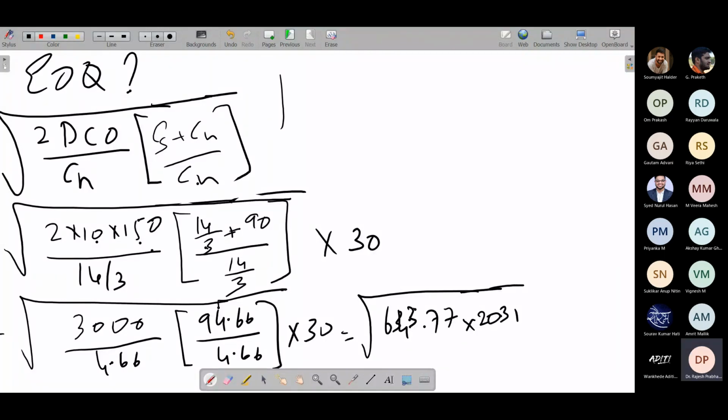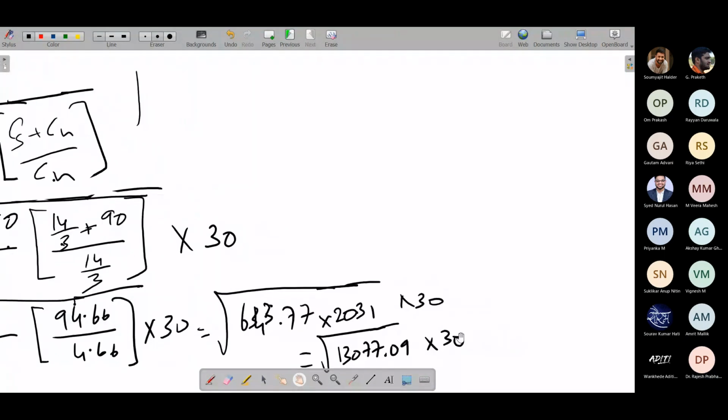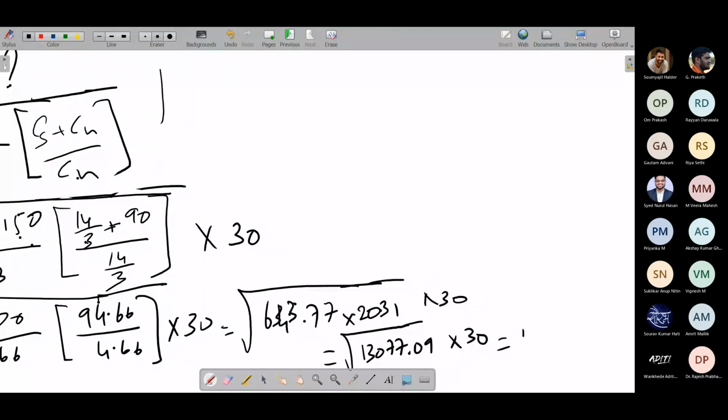That will become root of 13,077.09 into 30. So this will become 114.3 into 30, which is 3,430.